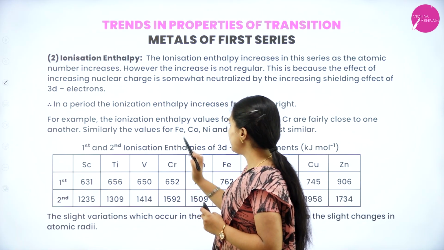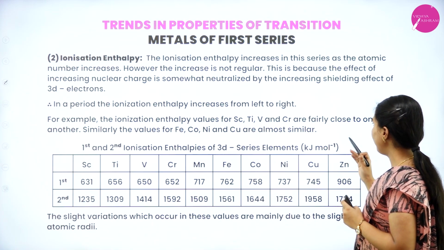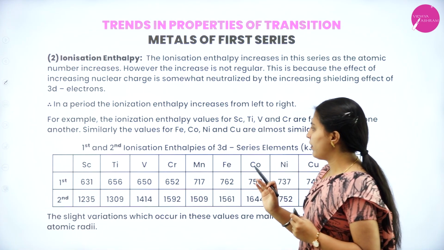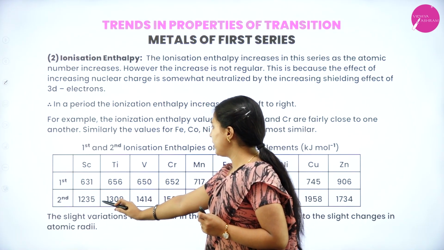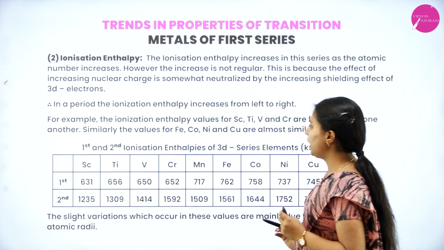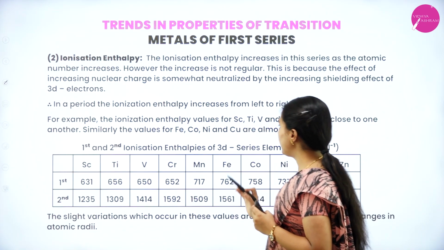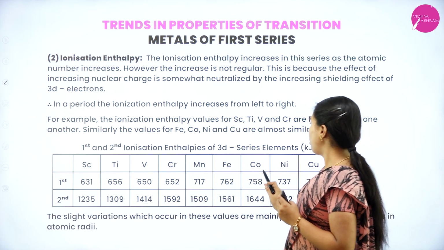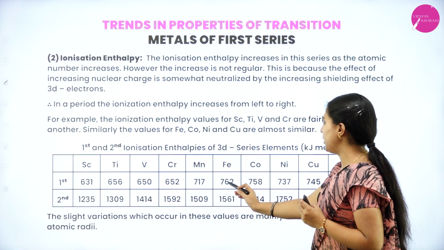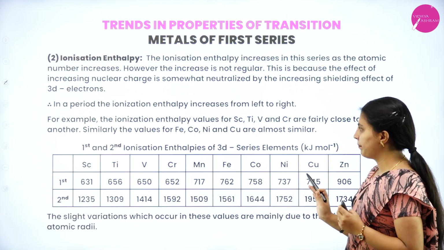For example, the ionization enthalpy values for scandium, titanium, vanadium and chromium are fairly close to one another. See here, 631, 656, 650, 652. Similarly, the values of iron, cobalt, nickel and copper are almost similar: 762, 758, 737, 745.